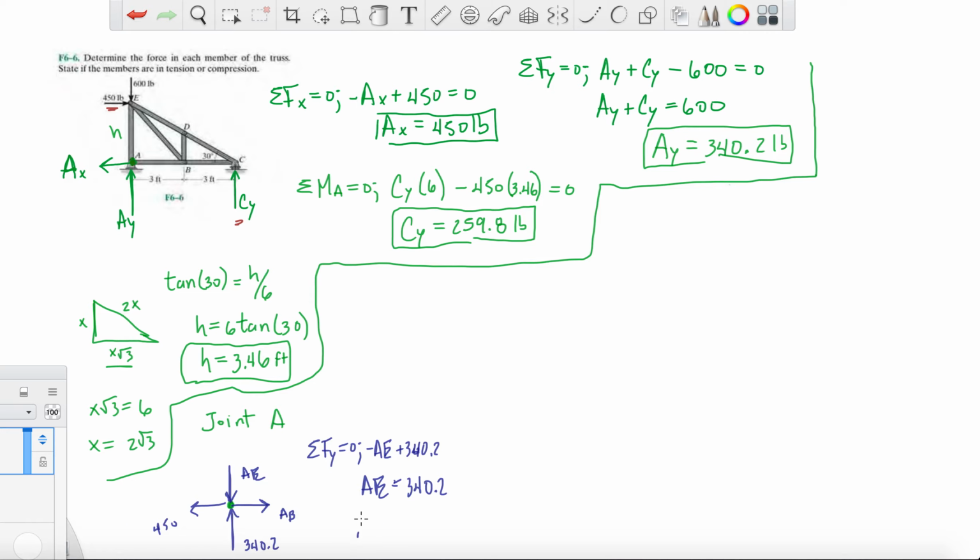So again, do the forces in the X direction, and you're going to get minus 450 plus AB equals 0, and then AB is in tension. Let's put T next to it. And then this one was compression. So pounds.